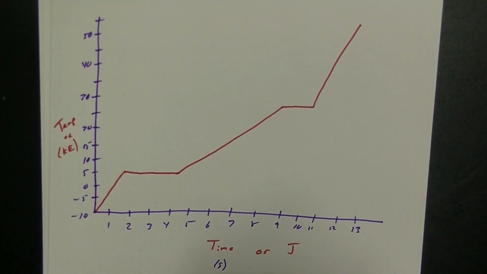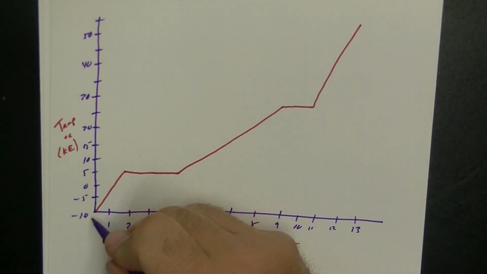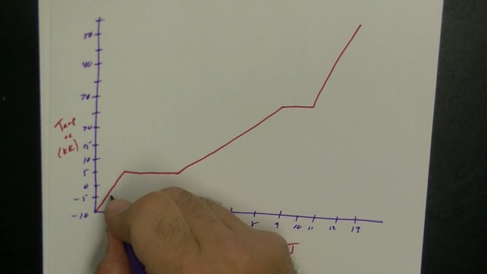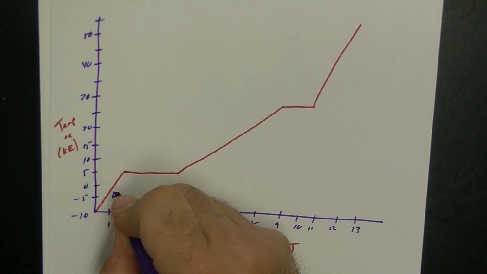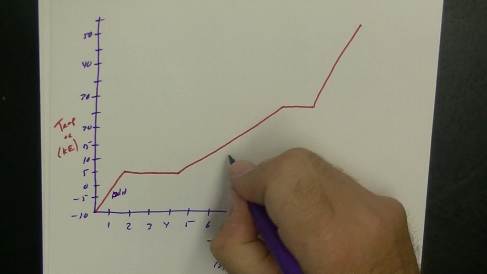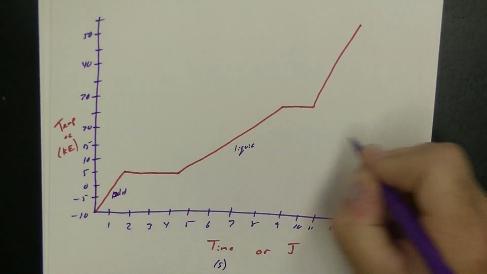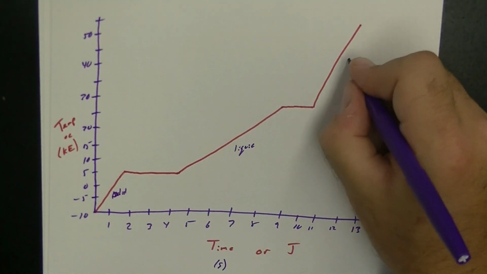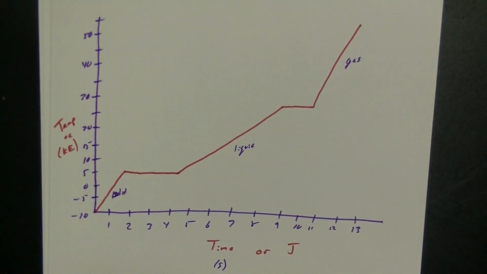This first slant is where we have a solid. Second is a liquid. And third is a gas. Now you can read going up, you can read coming down.